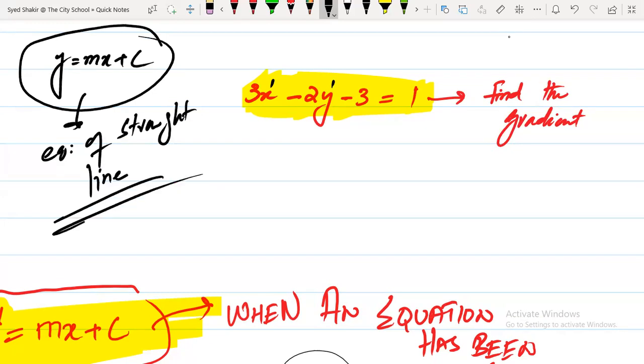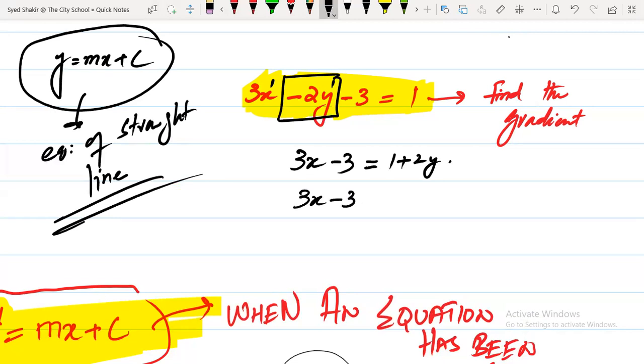You need to make positive y the subject. So in 3x minus 3 minus 2y, the minus 2y, after changing its position, becomes plus 2y. Now make y the subject: plus 1 becomes minus 1, so 3x minus 3 minus 1 is equal to 2y. Same sign, values go up: 3x minus 4.